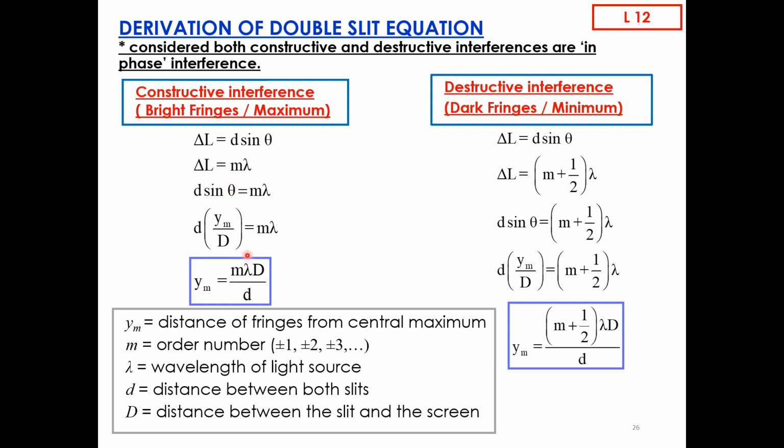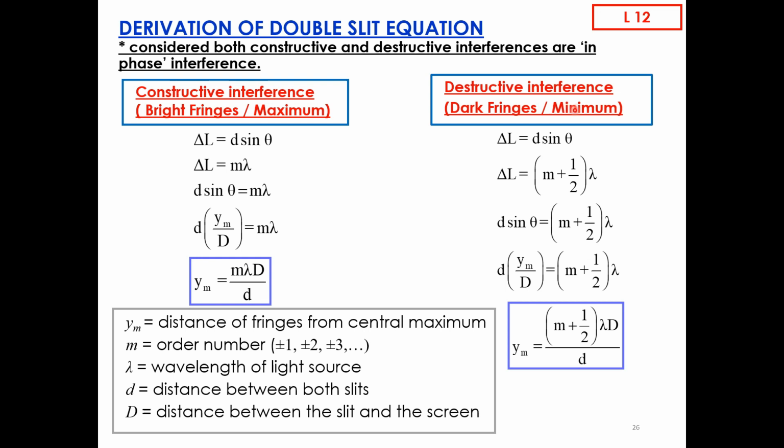We know that sin theta equals ym over capital D. By rearranging with ym as the subject, you have ym equals m lambda capital D over small d.